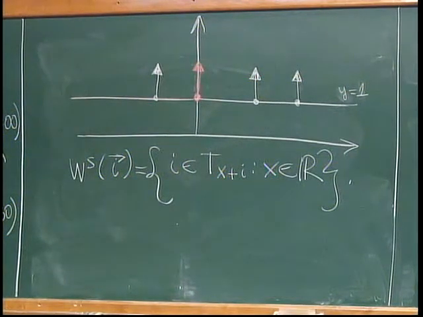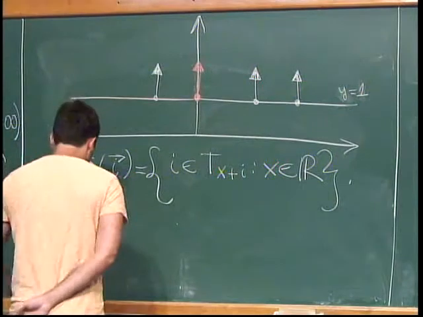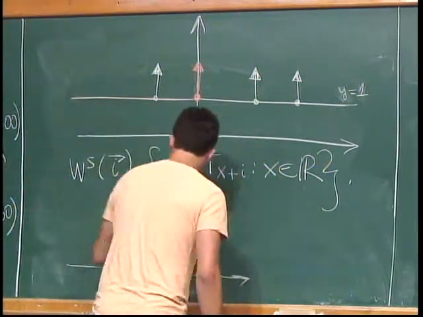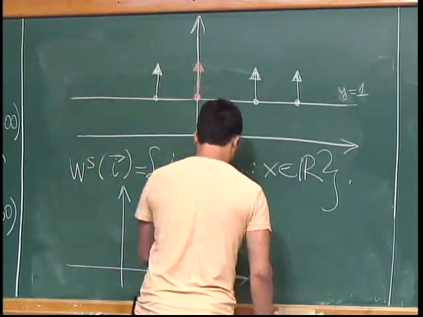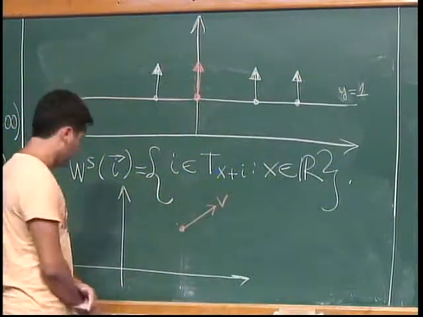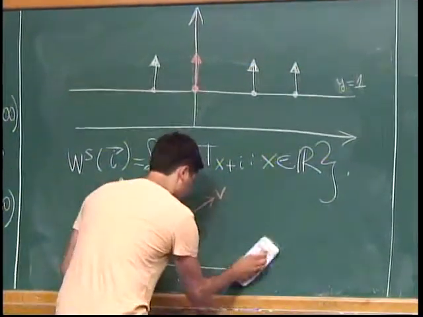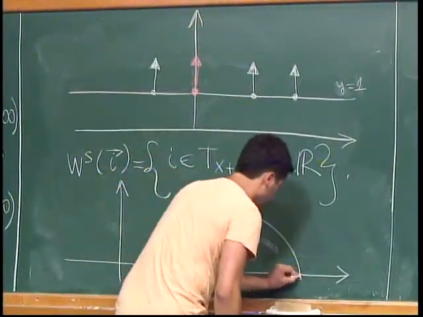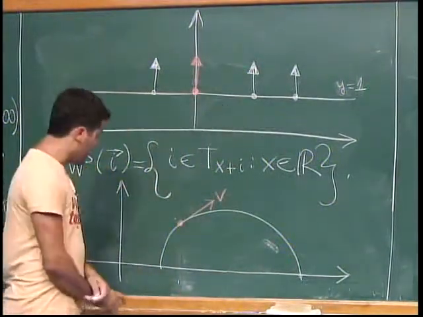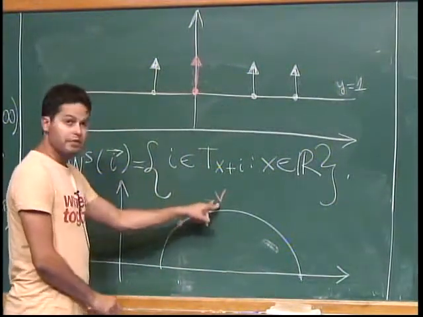So what are the other stable sets? What do we do to get them? Again, we apply isometries, right? So let's see what happens if you have a vector here. You know exactly where the vector is going to die. So you should draw the geodesic, and it's going to die here, right? So any point on the stable set of this vector should also die here.